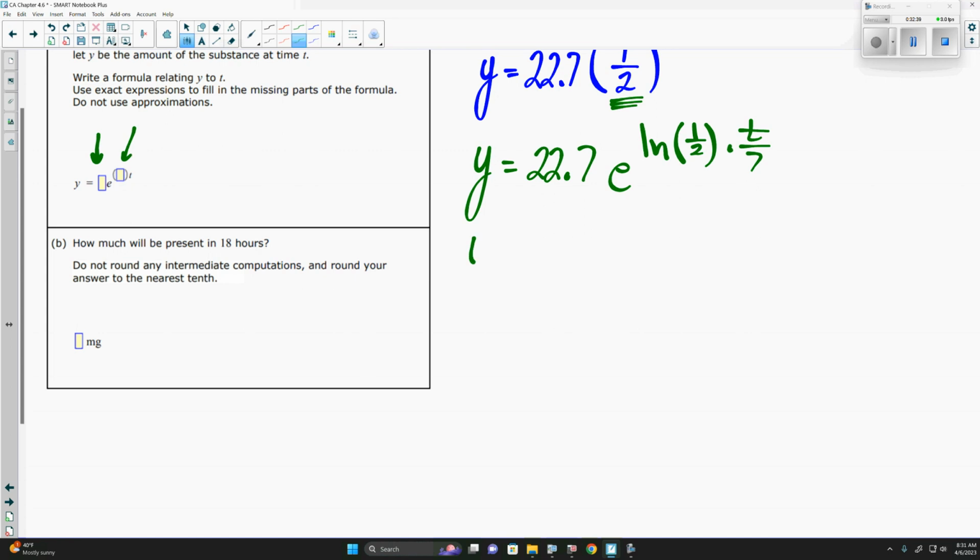So what we're actually plugging in is the natural log of 1/2 divided by 7 times t. So this first part is 22.7. The other part is going to be the natural log of 1/2 divided by 7.